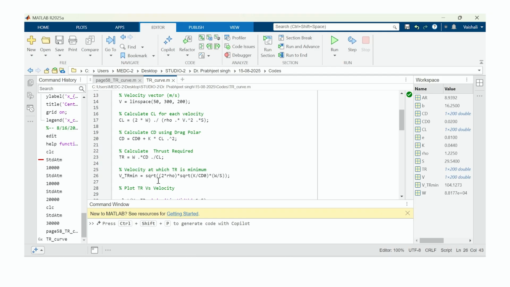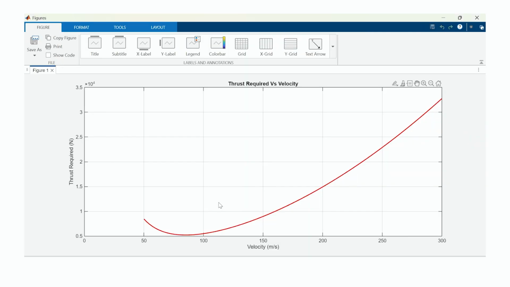All right, so this is the expression that I have written over here, velocity at which thrust required is minimum. So this is coming out to be 85.0019. Okay, so it is saying at this velocity your thrust required is minimum. Now let us go to the plot once again and check at 85 meters per second.